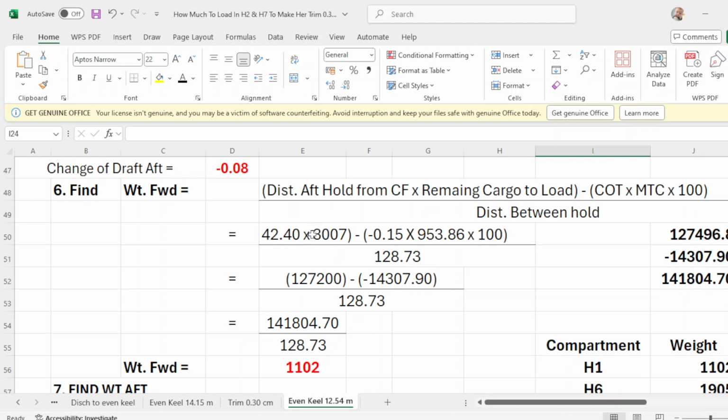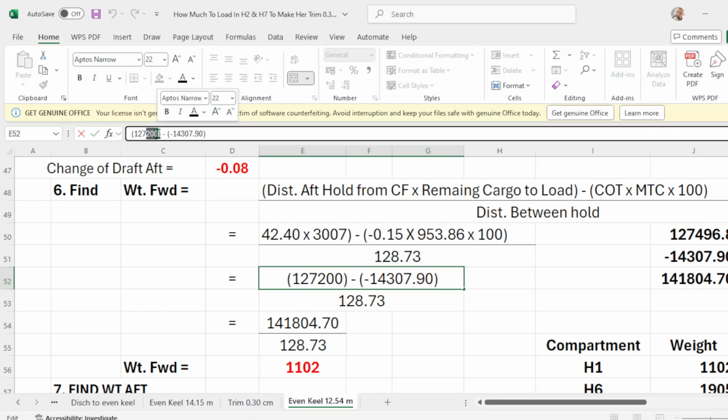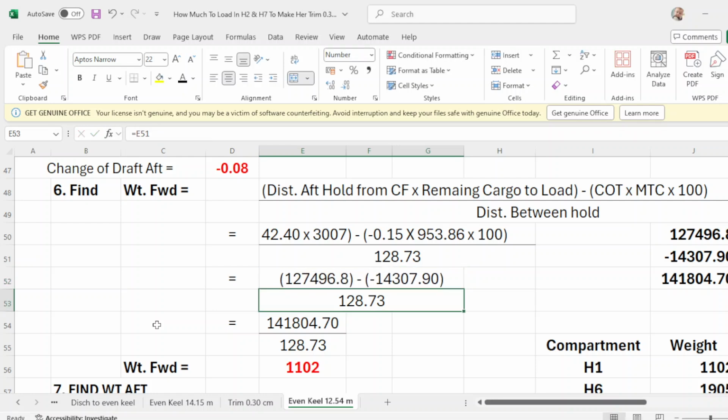When you multiply this one, that will be 127,496.8. Okay?